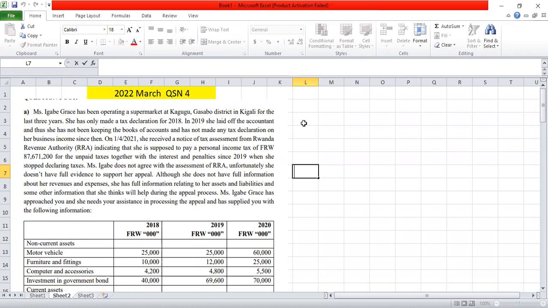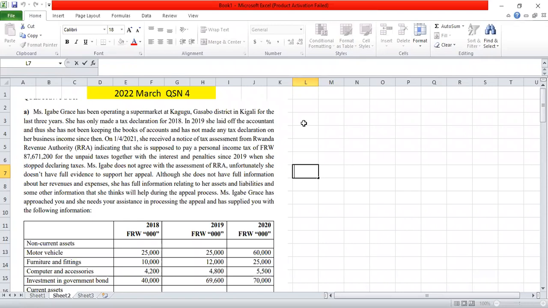Ms. Igabe does not agree with the assessment of RRA. Unfortunately, she doesn't have full evidence to support her appeal. Although she does not have full information about her revenues and expenses, she has full information relating to her assets and liabilities and some other information that she thinks will help during the appeal process.